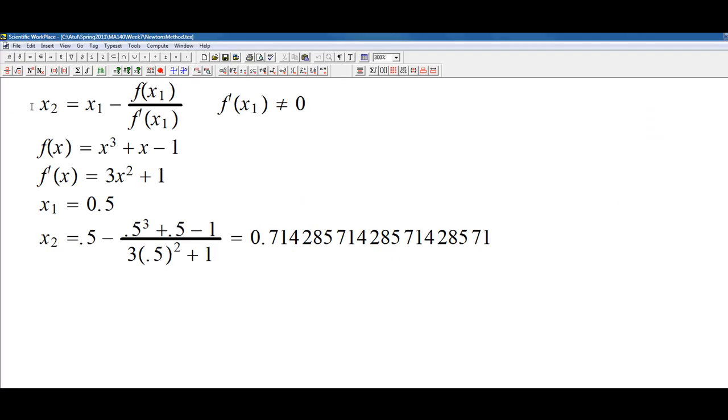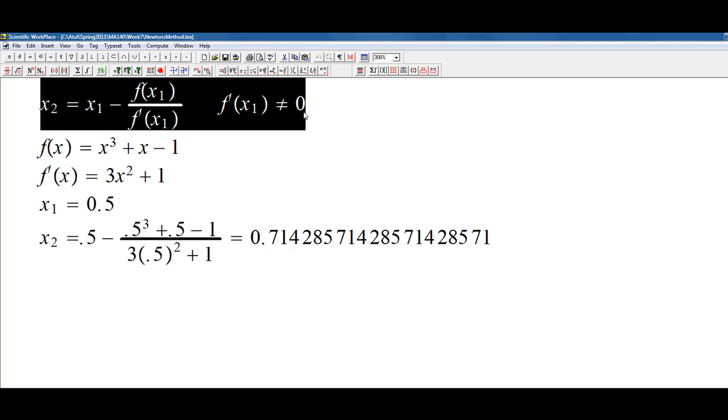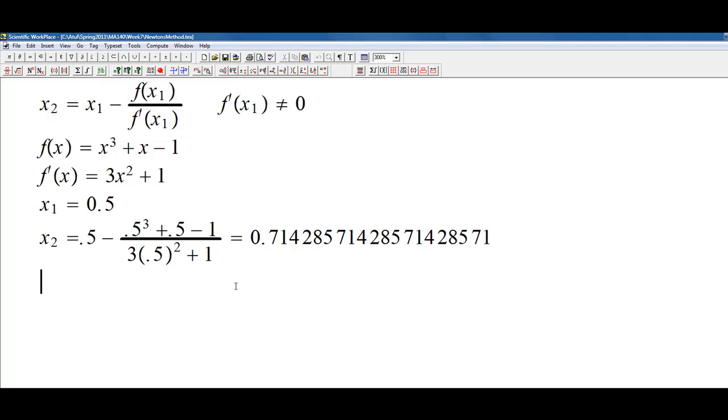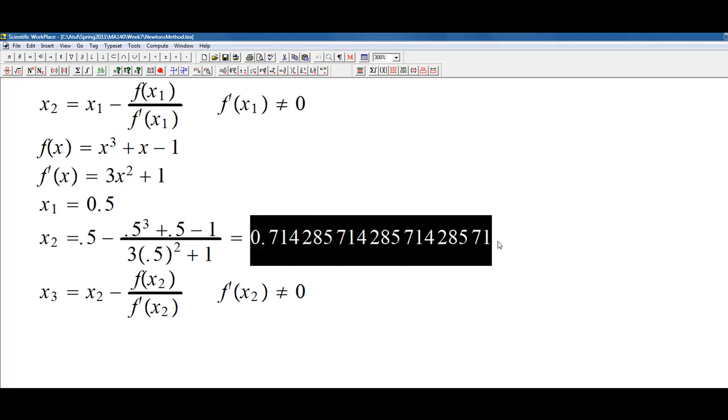So to obtain x3, if we continue with the same process, x1 will be replaced by x2, and again we know that f prime at x2 is not equal to 0, so this equation will be valid. Okay, and all we have now is that instead of 0.5 we shall substitute this approximation of x2 that we had to obtain x3.